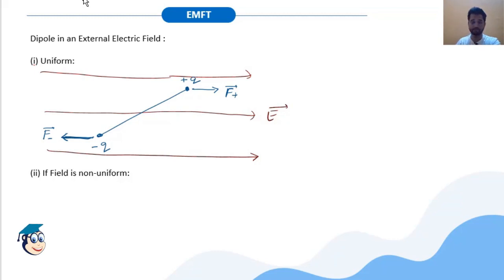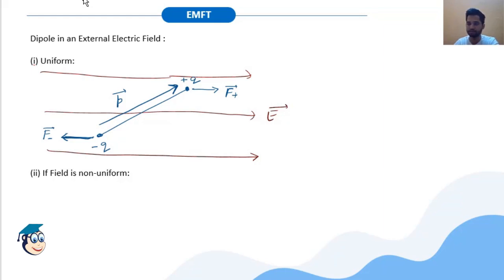And what is the direction of the dipole moment? Do mind it, the dipole moment's direction is from minus q to plus q. You have to remember this. The direction of the dipole moment is from minus q to plus q by convention.